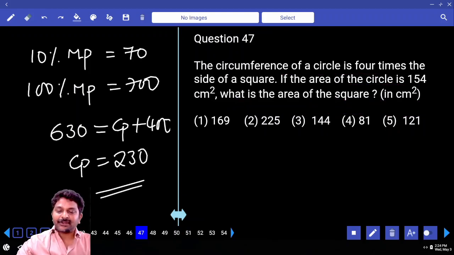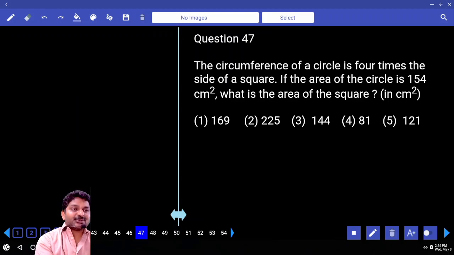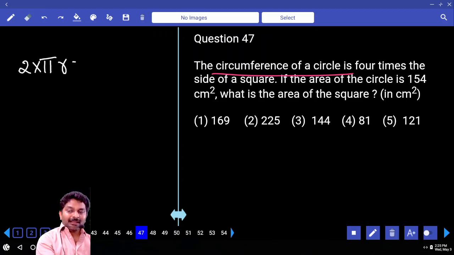Circumference of the circle is 4 times the side of the square. If the area of the circle is 154 square centimeters, what is the area of the square? Square area, basic concept, the answer must be a perfect square value. All are perfect squares only. First condition, circumference of the circle 2 pi r is equal to 4 times the side of the square.